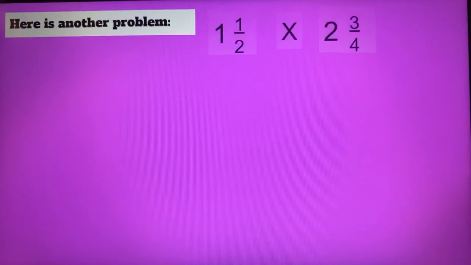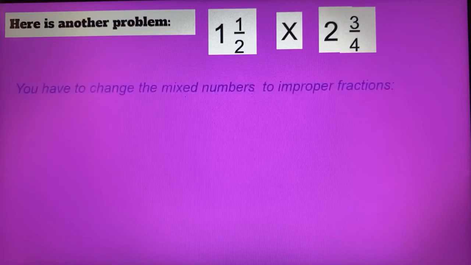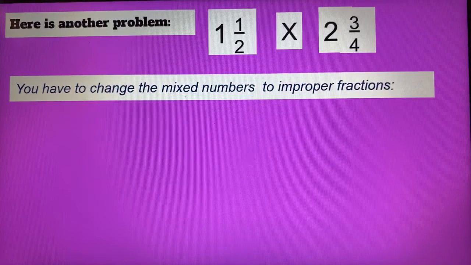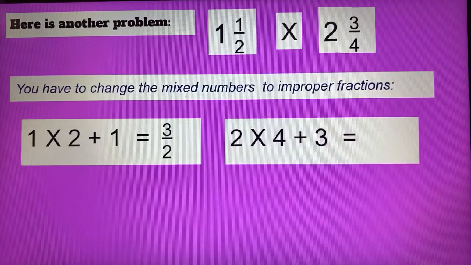Here's another problem. So we're going to multiply 1 1/2 by 2 3/4, but we cannot multiply mixed numbers. We have to change the mixed numbers to improper fractions. So let's change the first one. 1 times 2 plus 1 equals 3 over 2. And 2 times 4 plus 3 is 11 over 4.